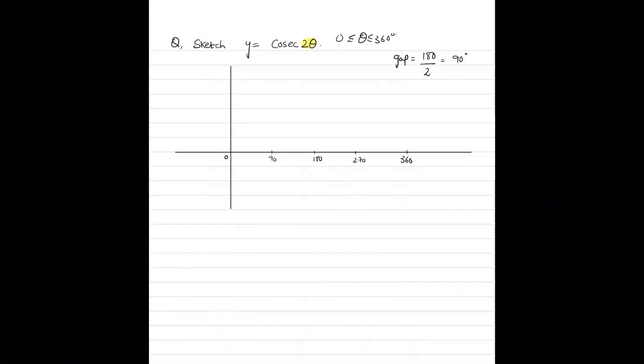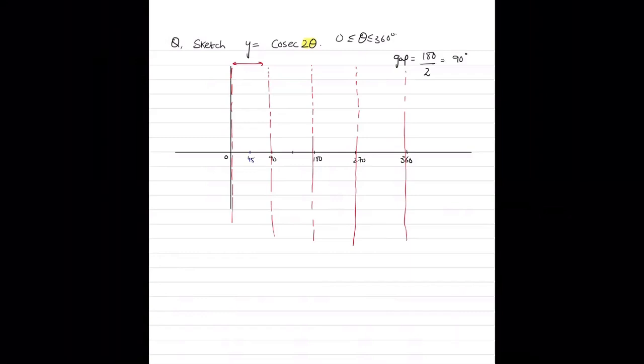Previously the asymptotes were at 0 and 180 degree. Now the gap between the asymptotes is going to shrink and the gap is going to be 90 degree. So the next asymptote is going to be after 90 degree, then further after 90 degree, then further after 90 degree. So this is 45, this is 135, 225, 315.